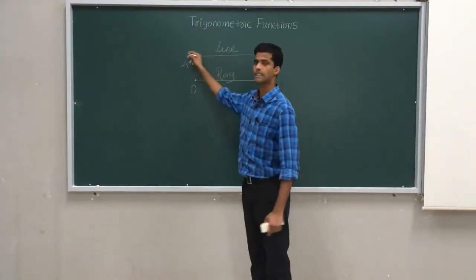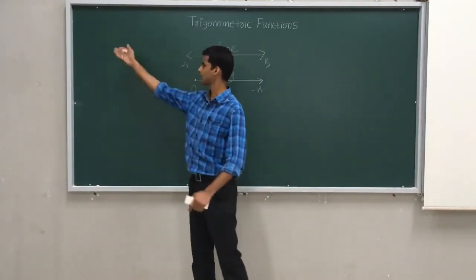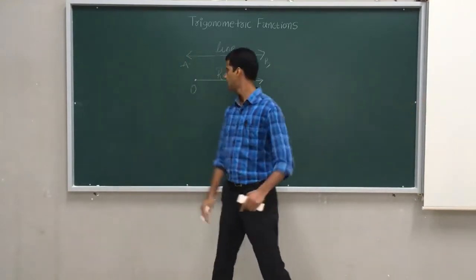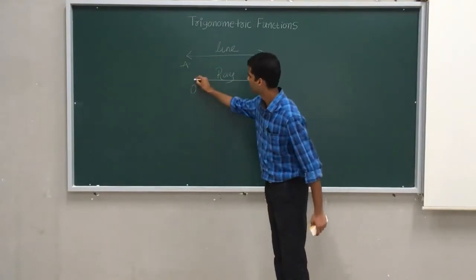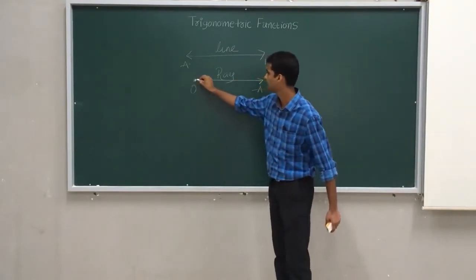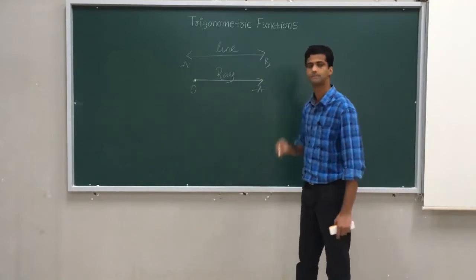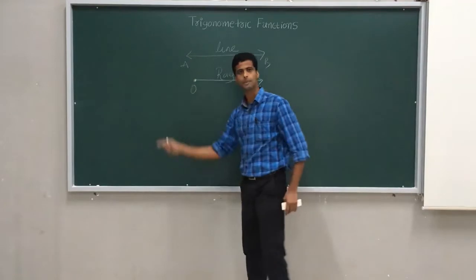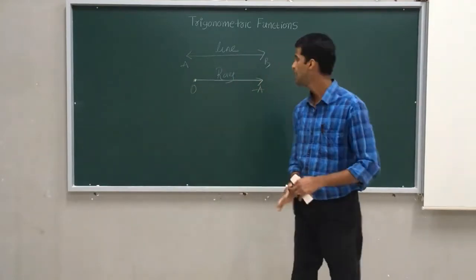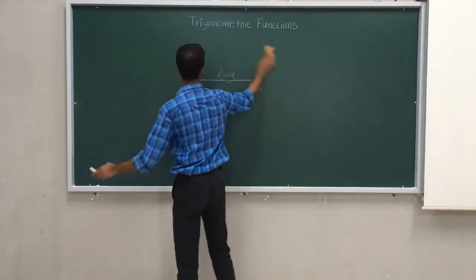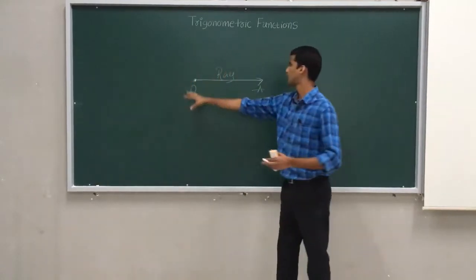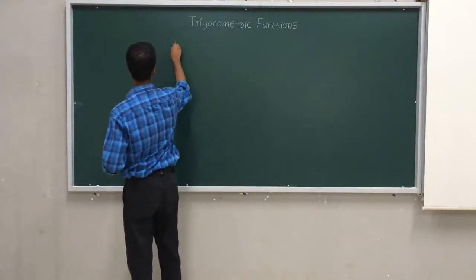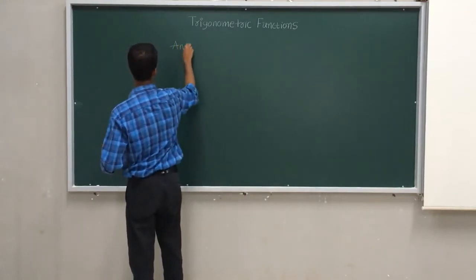This line can extend in both directions in an infinite way. But a ray has one fixed point and you can extend it only in one direction. Here you can draw in both directions. That's the difference between line and ray. Now, to define angle, I will make use of a ray. How will I define it? So, the very first terminology in trigonometry is angle.